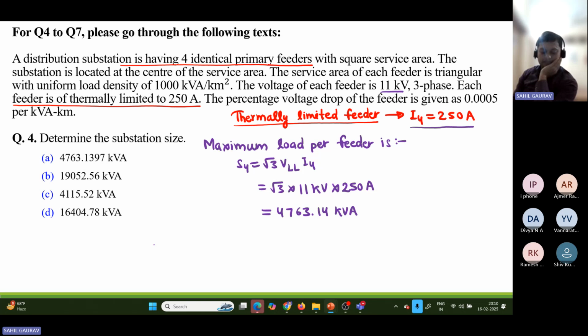Now they are asking about the substation size. So what should be the substation size? Anyone can respond? We have found S4.